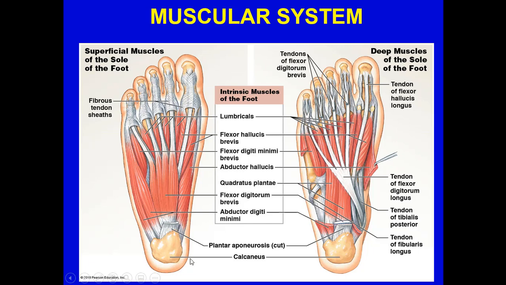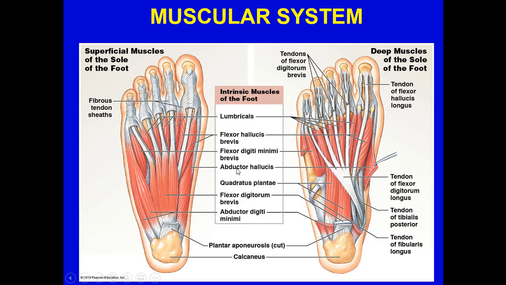Okay? And when you go to the deep, you see all the tendons of the flexor digitorum brevis. Yeah, they actually cut those away. So you can see clearly the lumbricals, the flexor hallucis brevis here, the flexor digiti minimi brevis right here.